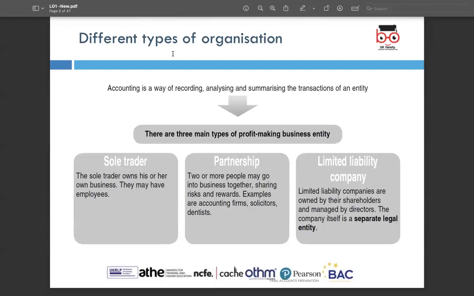This entity may employ staff but the sole trader retains sole responsibility for business decisions and risks.